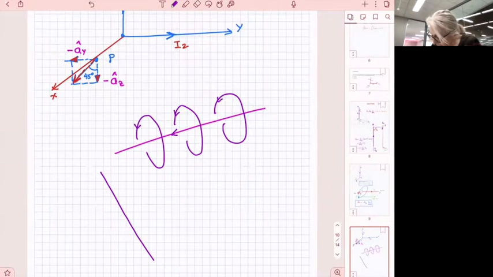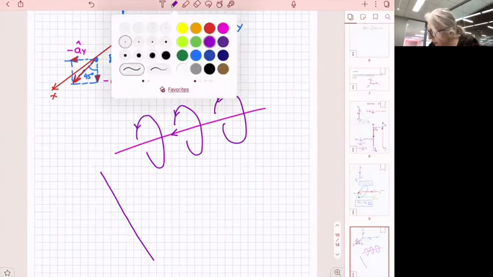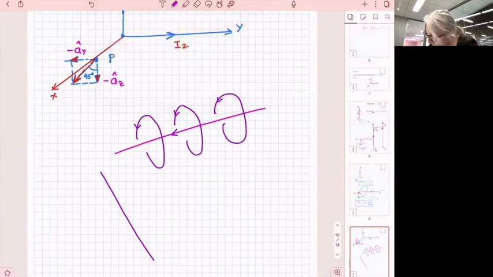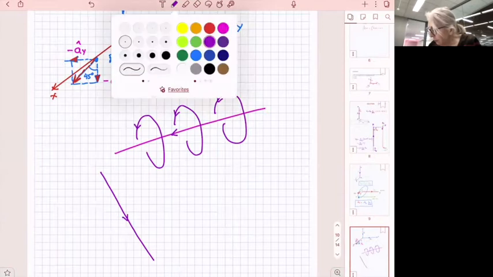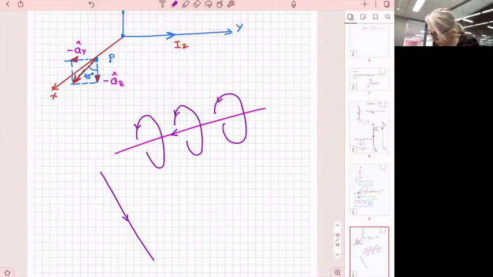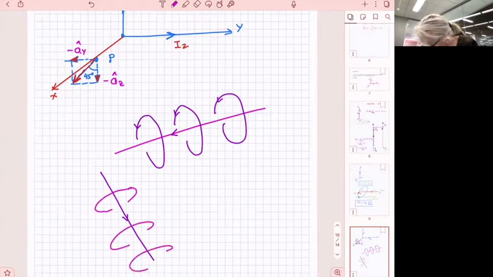Now, if your current was to turn here, I will use the difference. So the current will go like that, and will go like this. Then the loops for this one will turn like this, and will go like that.